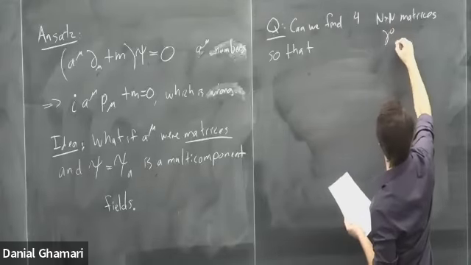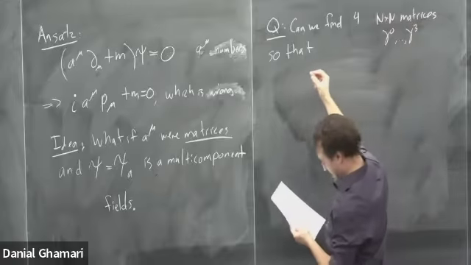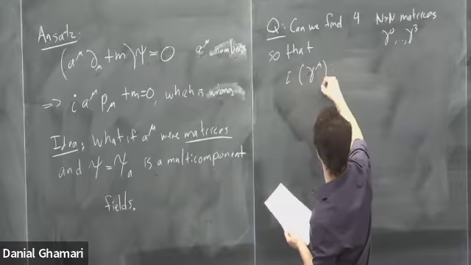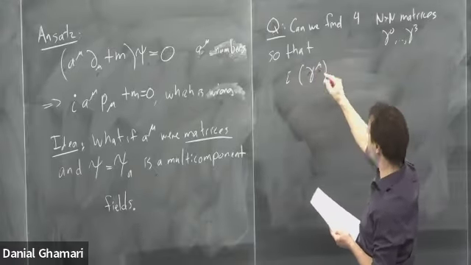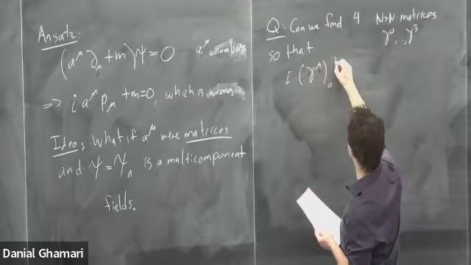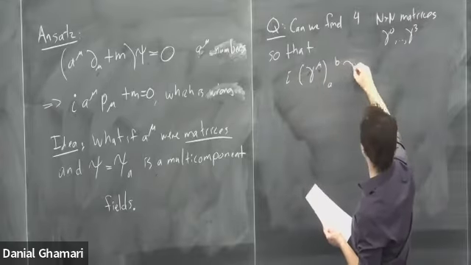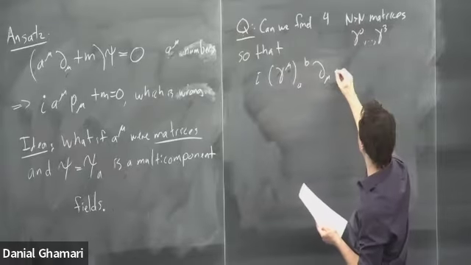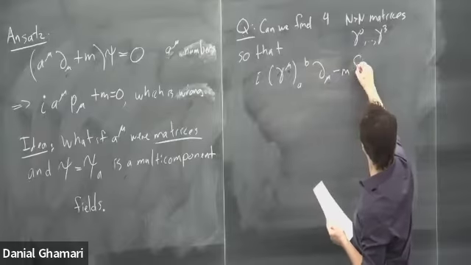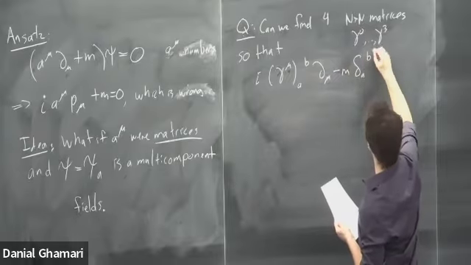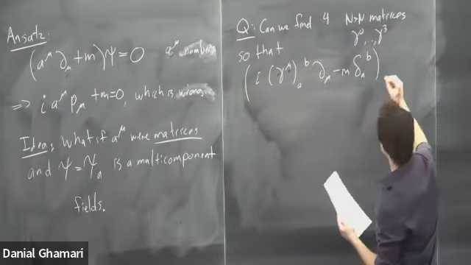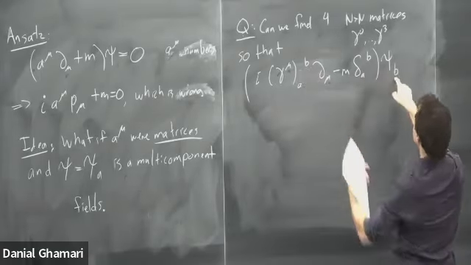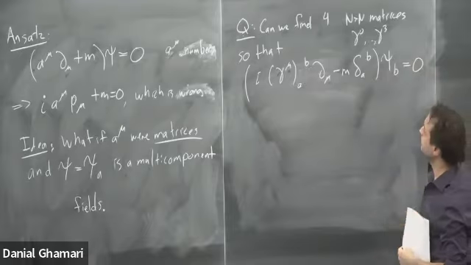We're calling them gamma 0 up to gamma 3, and we want to satisfy the following. So gamma mu, this is going from 0 to 3, and it's a matrix, so we have indices a, b. Then we're summing over the partial derivatives, then we have m times the identity matrix. So this times psi b, if you take this thing and you're summing over all these, this should be 0.